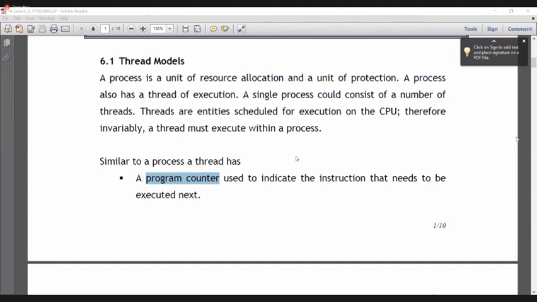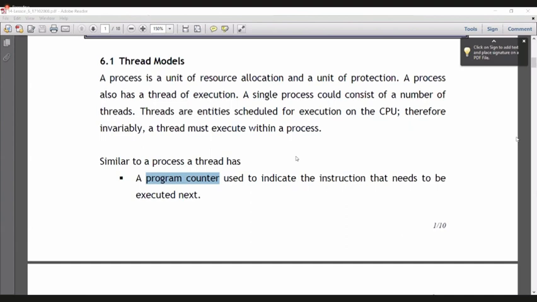Now, when you write a program, sometimes if you write C++ or Java, you don't execute it in the same order line by line. Sometimes you may have loops, or you may direct it to different sections like procedures and so on, right?